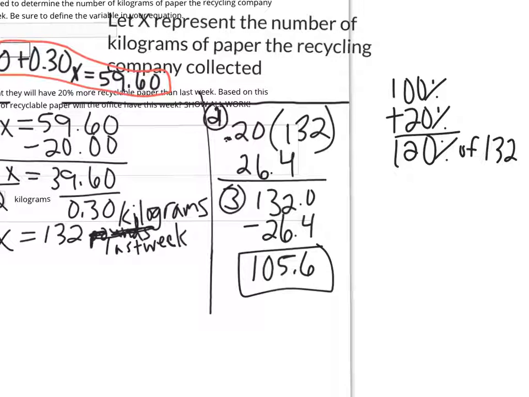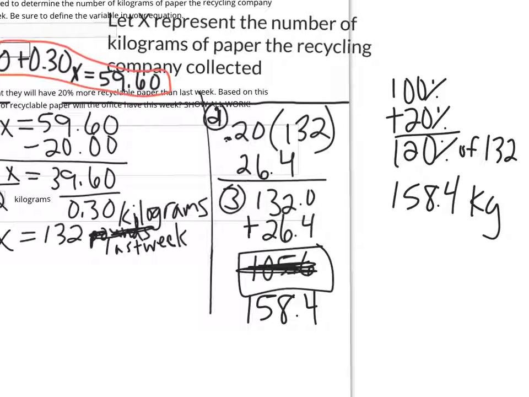Sorry, I just noticed a mistake here. This is more and not less, so I should be adding. So actually it should be 158.4 kilograms. Okay, always make sure you check your work, think about if it makes sense. Make sure you're reading the directions carefully.